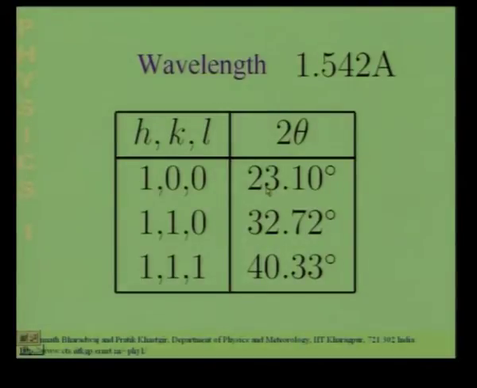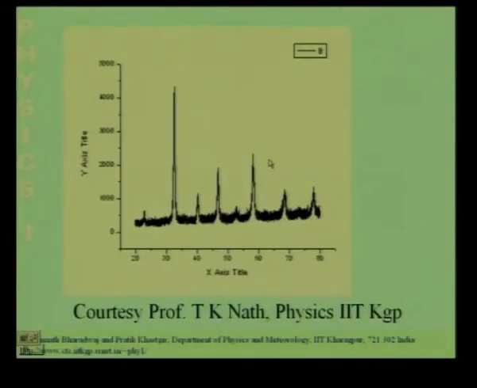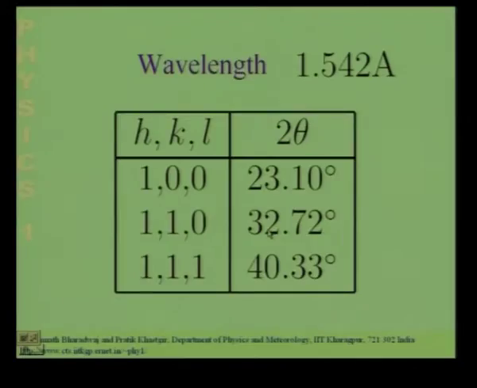So, the data which I have given you, let me just remind you again, we have readings of 2 theta from the X-ray diffractometer, and I have told you that we can interpret the smallest value of 2 theta as arising from the planes with the Miller indices 1 0 0, and the next maxima as arising from 1 1 0, and the one after that as arising from 1 1 1 and so forth.